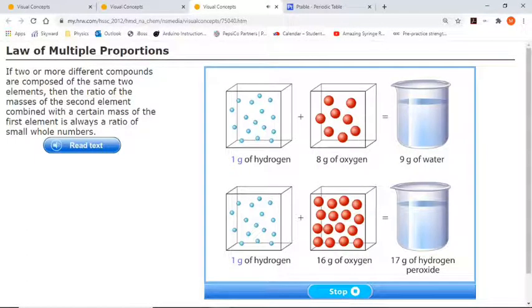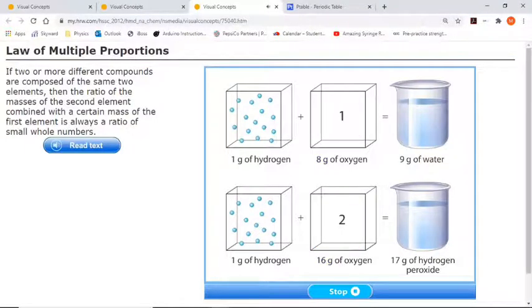We note that the amount of hydrogen in both samples is the same. The ratio of the masses of oxygen in these two compounds is 8 to 16, or 1 to 2. From this, we can deduce that there must be twice as much oxygen in hydrogen peroxide as there is in water, and the same relative amount of hydrogen in both.